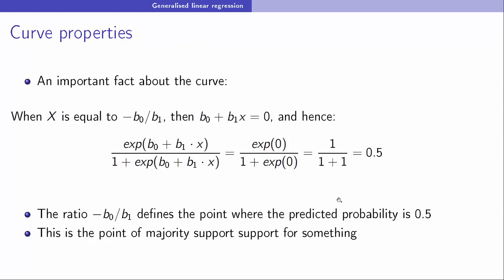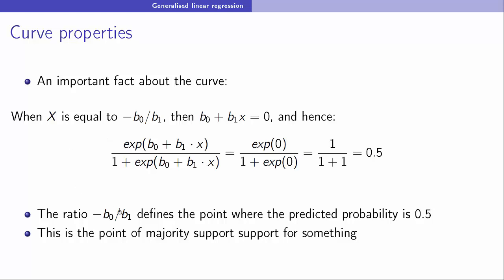The final thing that I'm going to introduce you to here, there's a couple of related things around the way the slope behaves. A special point about this, if we solve this curve, is that the ratio of the negative intercept divided by the slope is the value when the probability is 0.5.